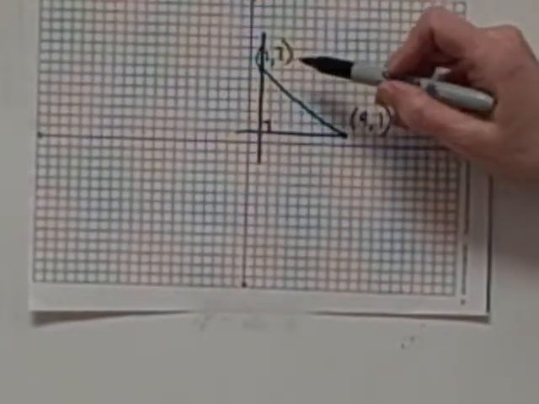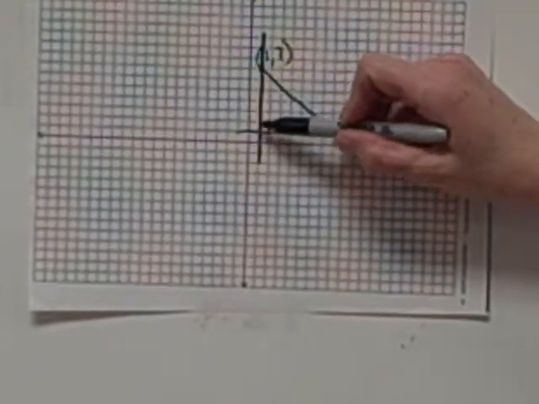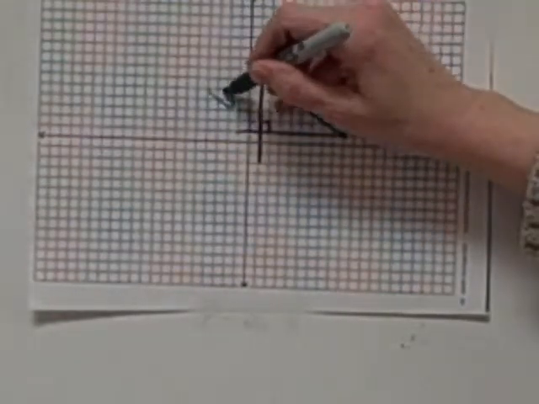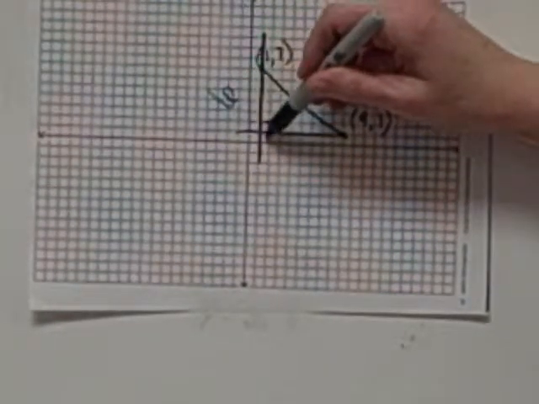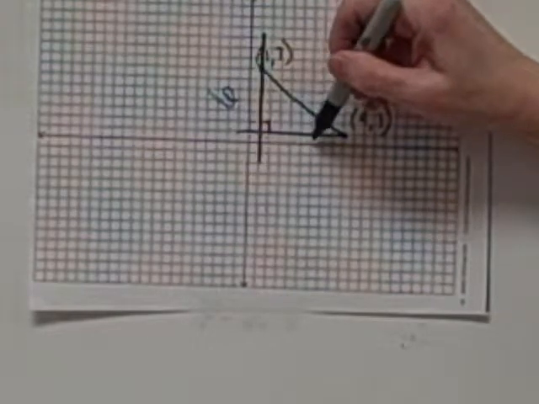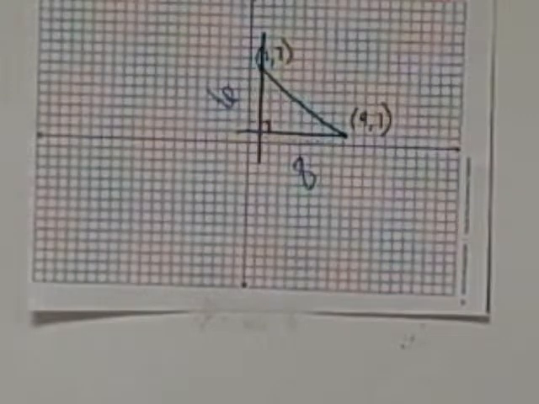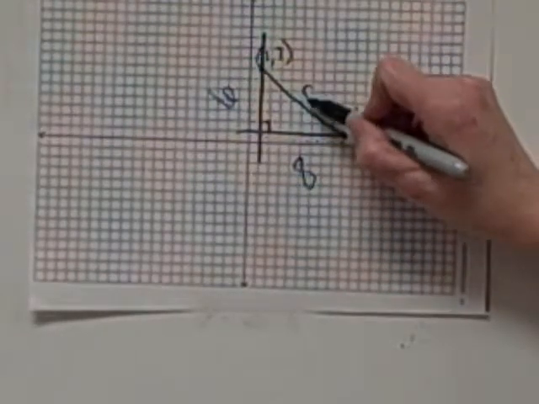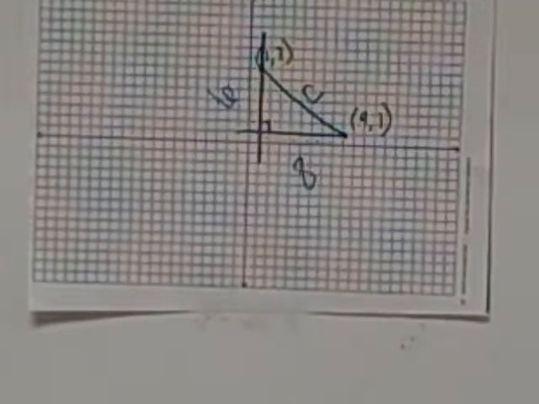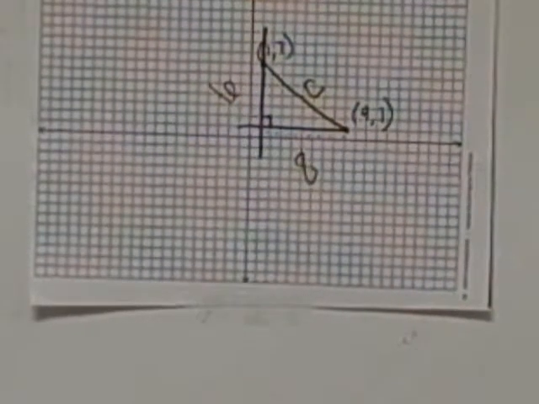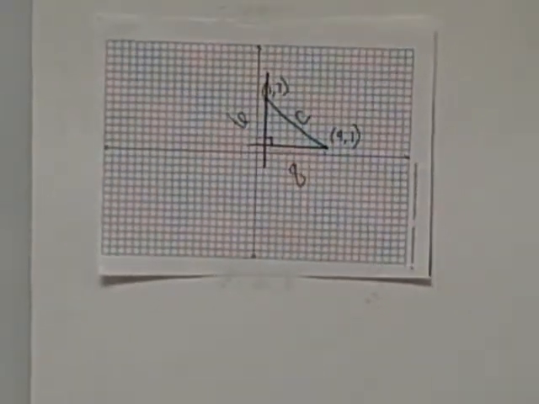By measuring the distance on the vertical side, 1, 2, 3, 4, 5, 6, and the horizontal side, 1, 2, 3, 4, 5, 6, 7, 8, I now have the information I need to plug into the Pythagorean theorem so that I can find side c, the hypotenuse of this triangle, which also happens to be the distance between these 2 points.